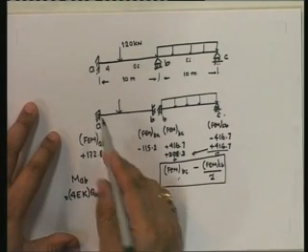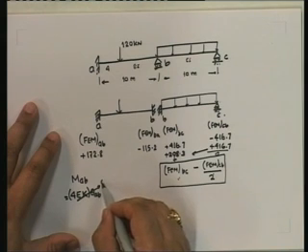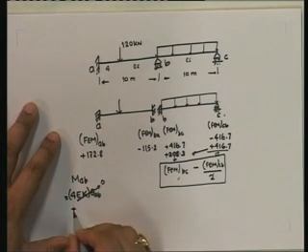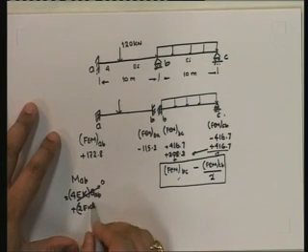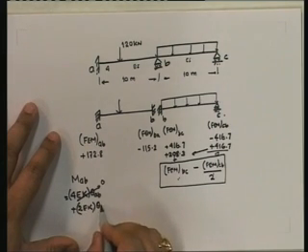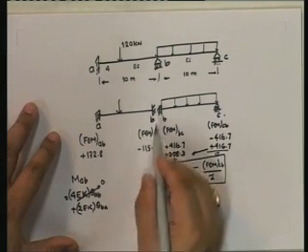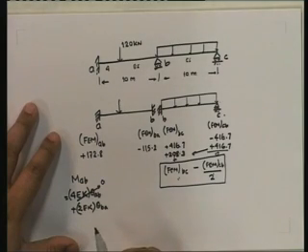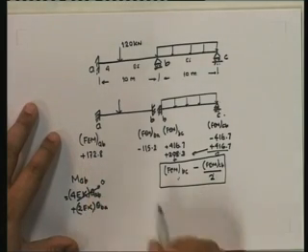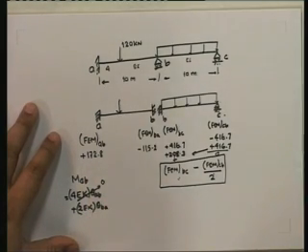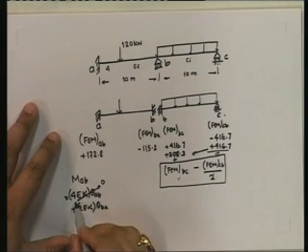Since A is a fixed end, theta AB goes to 0, plus 2EK theta BA, which is of course there, plus the fixed end moment.